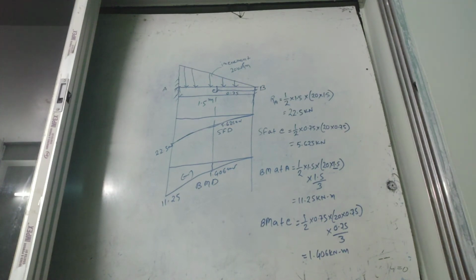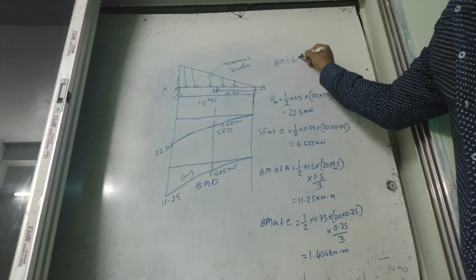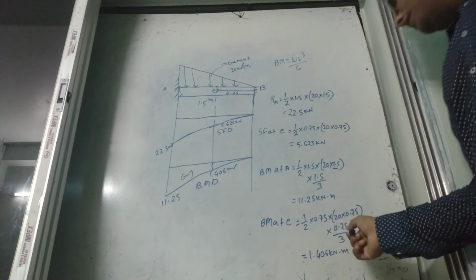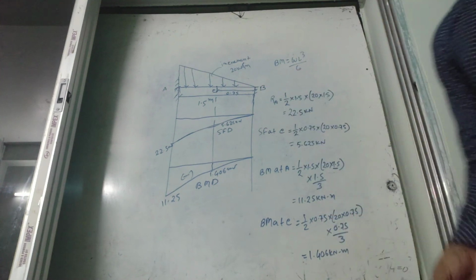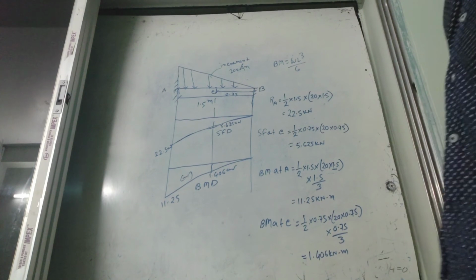So if we go directly with the formula WL cube by 6, we can easily calculate it. The formula is WL cube by 6. So by using this formula, we can easily calculate the UVL load over the cantilever beam.